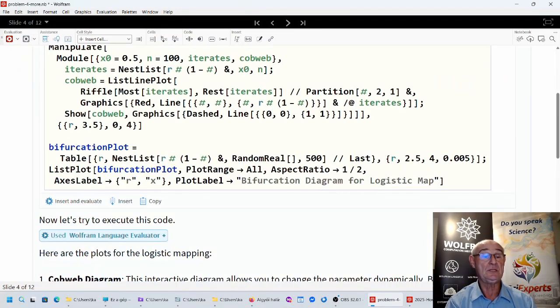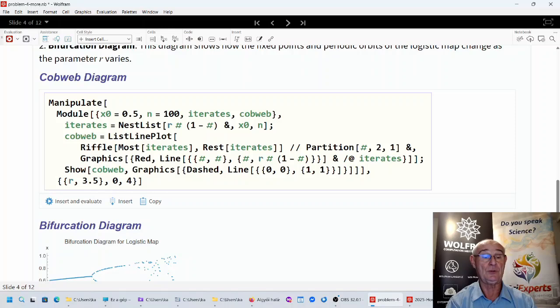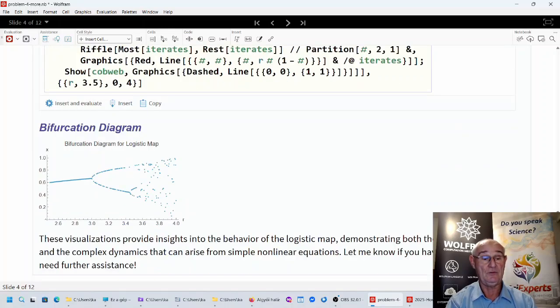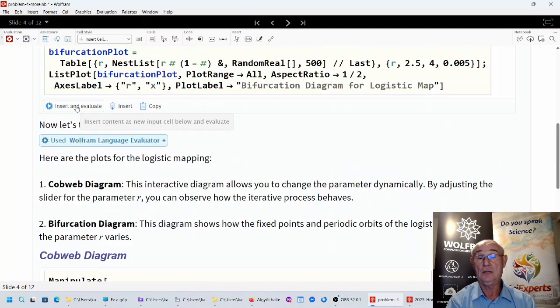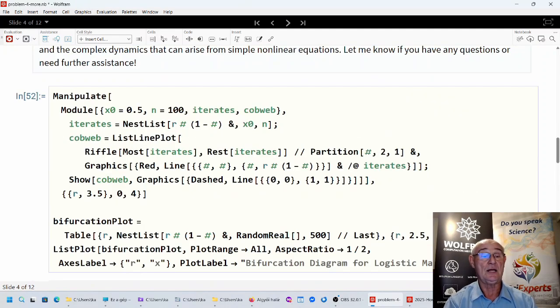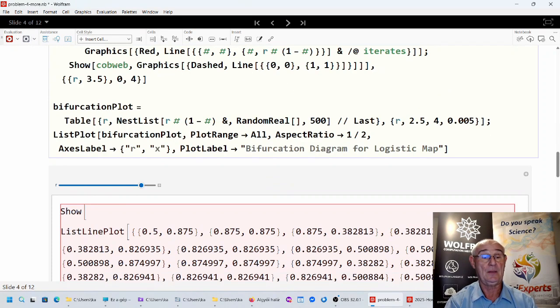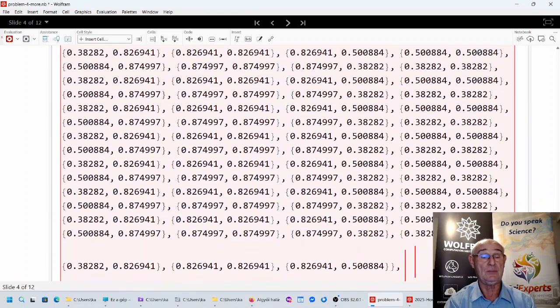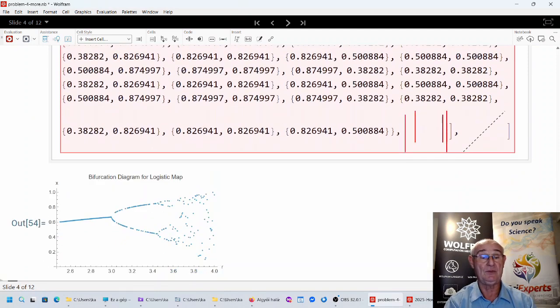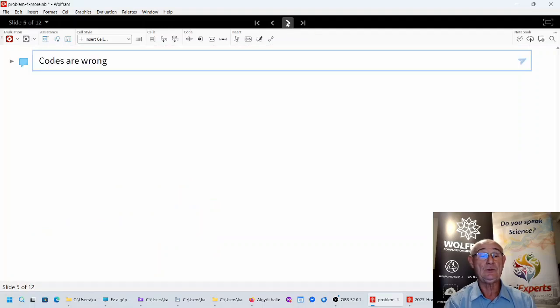Okay, I got a result about both the cobweb and bifurcation diagram, and then look at the result when I run it. Something is wrong. This line plot is wrong about the cobweb diagram, but the bifurcation diagram looks good. So I noticed it to the Notebook Assistant. Codes are wrong.